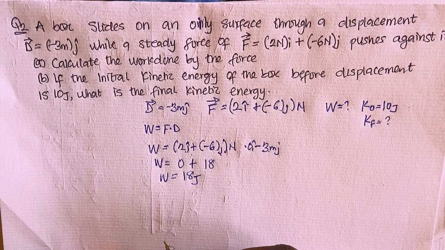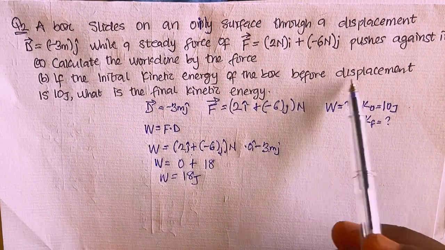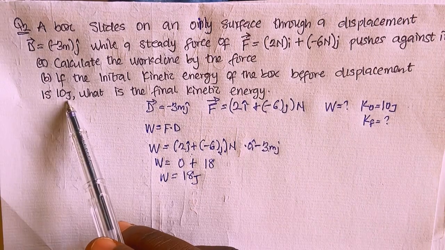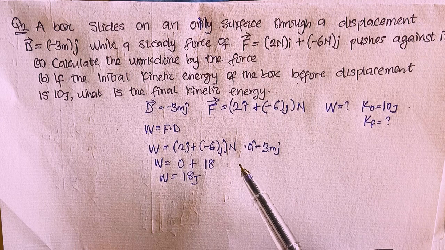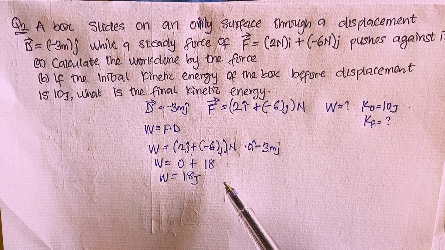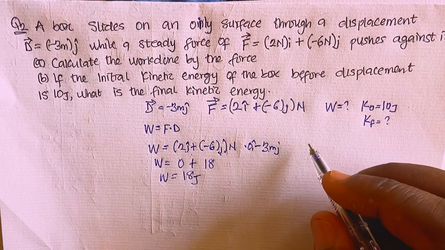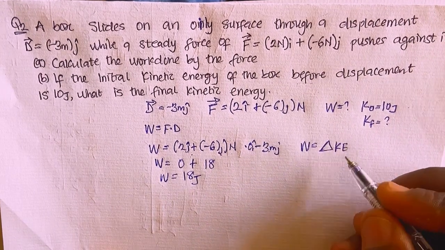So after that, we are asked to find, if the initial kinetic energy of the box before displacement is 10 joule, what is the final kinetic energy? To calculate the final kinetic energy, we know that work done equals the change in kinetic energy, right?